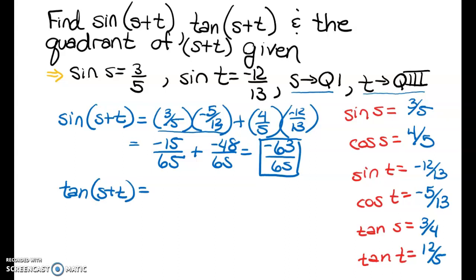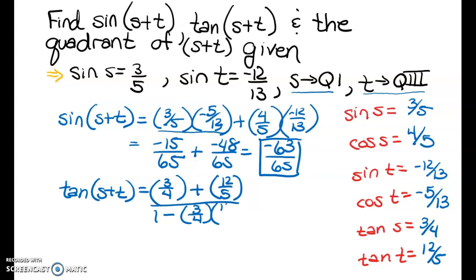Okay, so now let's go ahead and find the tangent of S plus t. And that's going to be the tangent of S, which is 3/4, plus the tangent of t, which is 12/5, over 1 minus the tangent of S times the tangent of t. Well, let's go ahead and add these fractions. I know that this is going to be 15 plus 48 is 63/20.